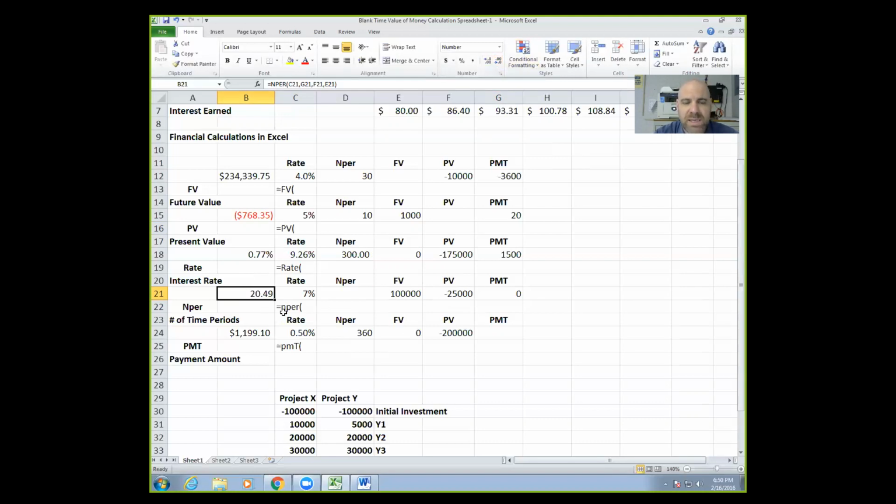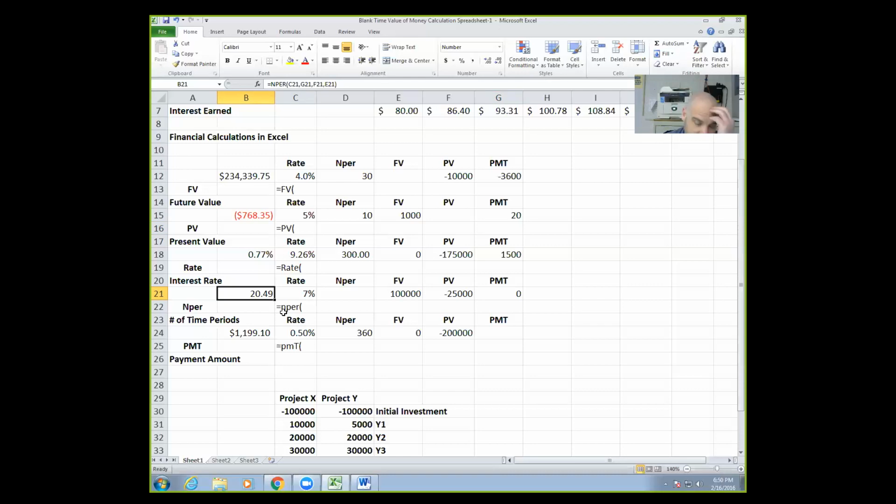So that will basically take you 20 and a half years if you want to get to $100,000 by investing $25,000 and having it earn an average of 7% over that 20 and a half years. So this is a good one to help you estimate how long it would take to get to a certain amount if you had this amount of money to give and it was going to earn this rate of return.